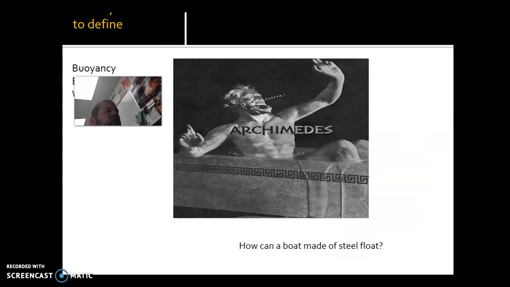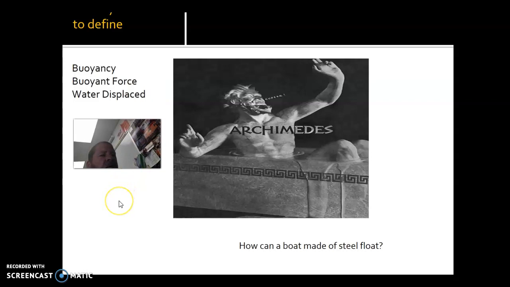Okay, so if you have some notes ready, I would copy down these terms first. The first one is buoyancy. The next one, buoyant force, and it has to do with water displacement. In a little bit we'll go into that, but those are all terms that we associate with what's called Archimedes' principle.